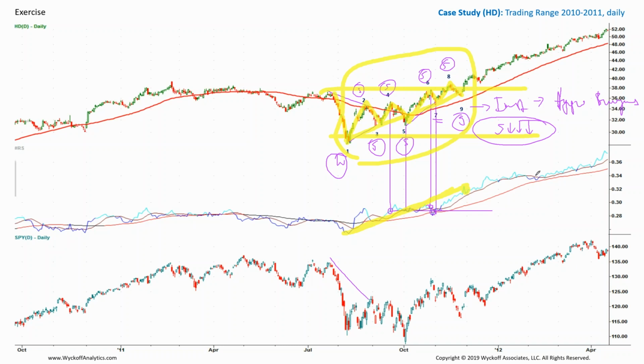Now, the composite man is not interested in selling this supply in a month or two, or even a year if the prospect is really good. They're going to hold on to that supply, not present it to the markets, and then as the price starts to perform better, that's going to attract other institutions.